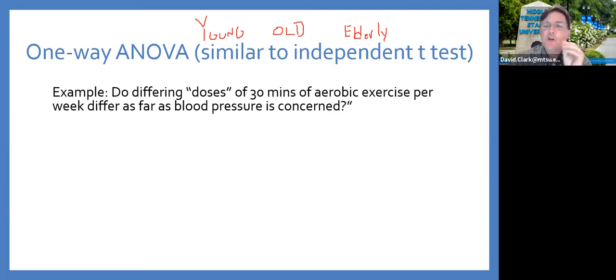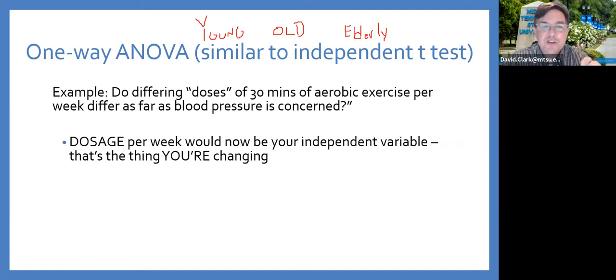What are you choosing to change? What are you directly changing? It's your dosage per week. You're putting Christy in one group and Michael in another group and Corey in a third. That's your independent variable.